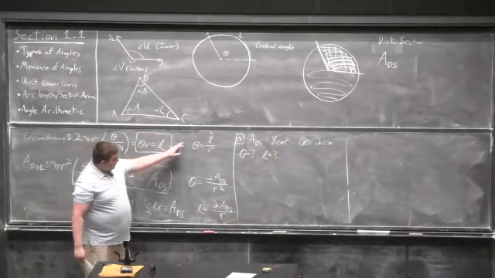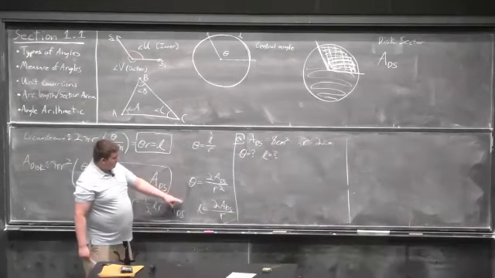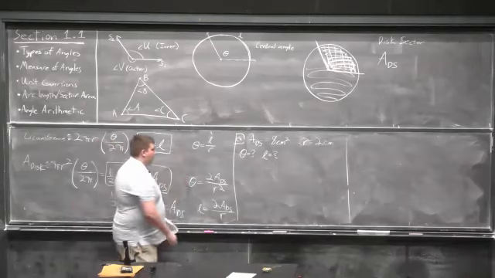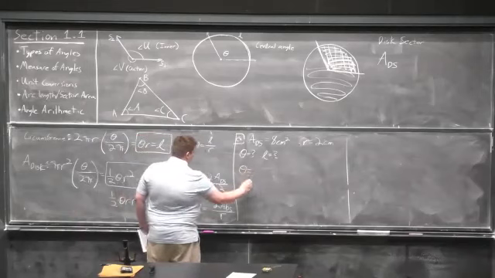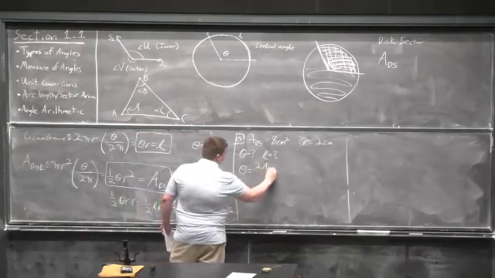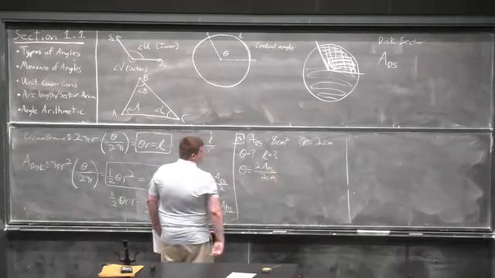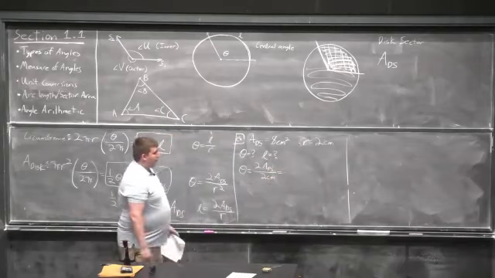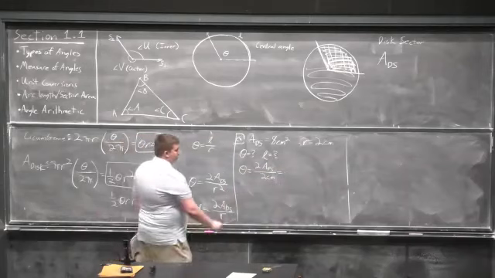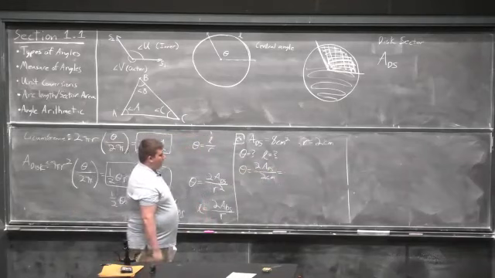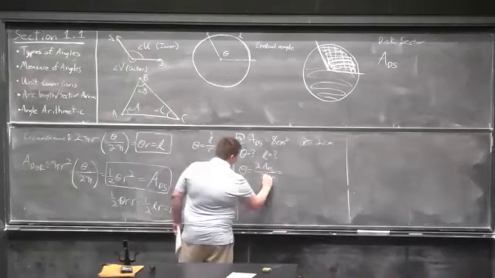Well, we can plug in to these equations. So let's first start off with this equation here. Theta is equal to 2 times the area of our disk sector over R squared.